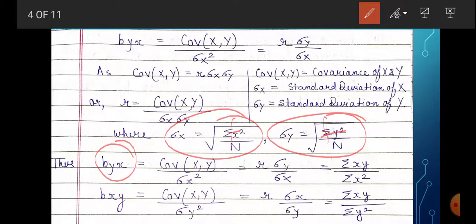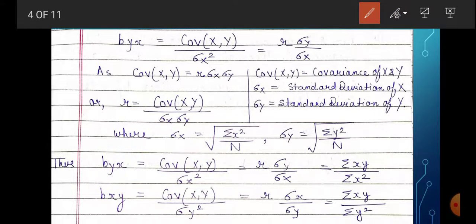So byx is covariance of xy divided by sigma x square, and this can be represented as this. And if you evaluate this more, then you will get summation of xy divided by summation of x square.